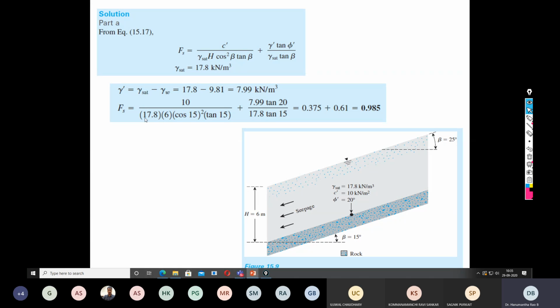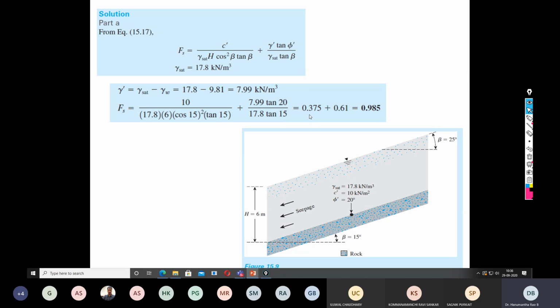So the factor of safety is equal to, C dash given is 10 kilopascals, 10 by 17.8 into 6, that is the height of the soil layer, then cos square beta, tan beta, plus gamma dash by gamma sat into tan phi dash by tan 15.